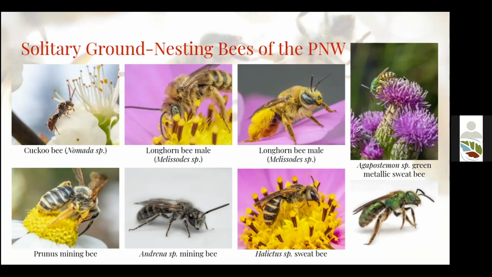And so sweat bees are also solitary and ground nesting. The most beautiful ones to come across are definitely the green metallic sweat bees. Those are in the genus Agapostemon, and they're usually a little bit easier to identify because they have that kind of metallic, shiny green coloration either on their thorax or their abdomen, or sometimes both.